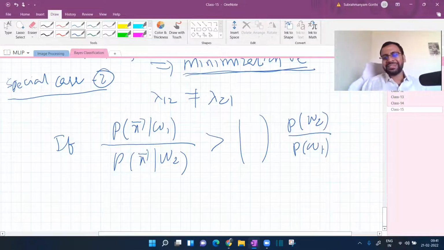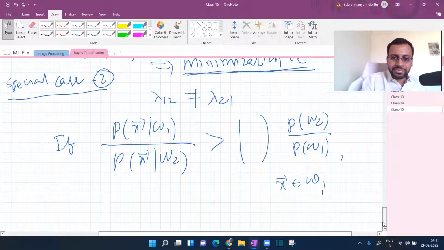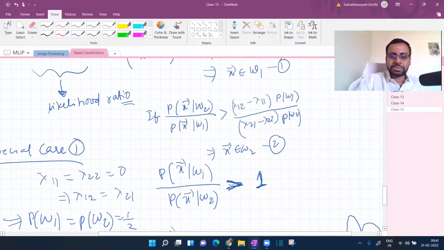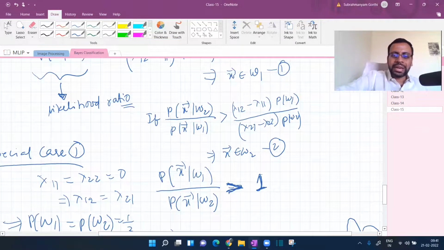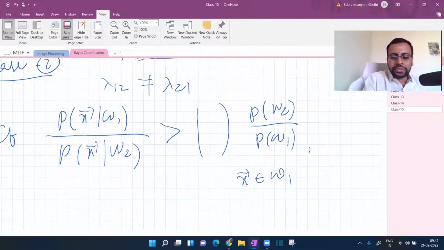Then you at least tell me now what is that constant with which I need to multiply, such that if this happens, I would assign x bar to omega 1. Lambda 2 1 by lambda 1 2. You just substitute here lambda 1 2 by lambda 2 1.